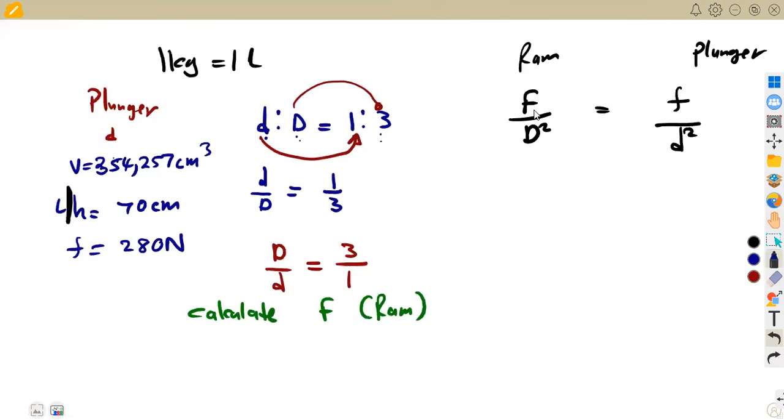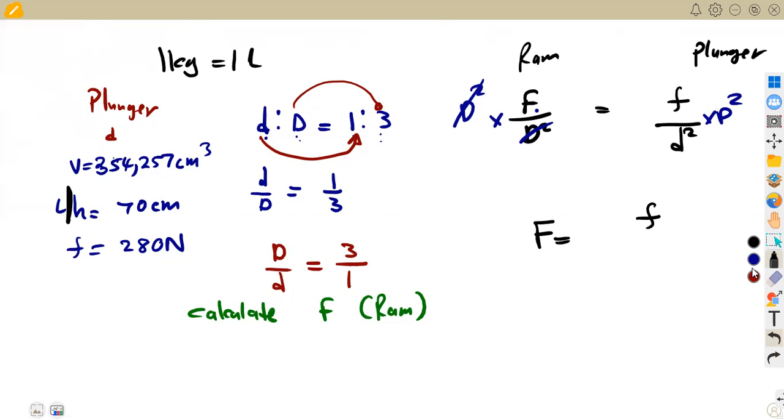Since we have to calculate this F on the ram, we can remove this d squared by multiplying both sides by d squared. This will cancel, meaning we are going to be left with the force on the plunger, which is F over d squared times d squared.